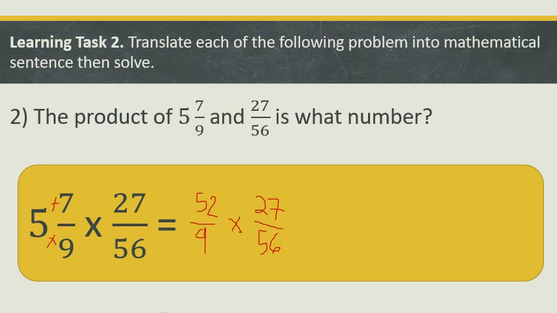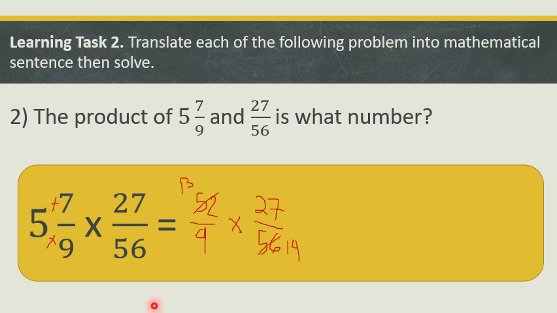So, yung 52 and 56, ang common factor niya is 4. So, 52 divided by 4 is 13. And 56 divided by 4 is 14.